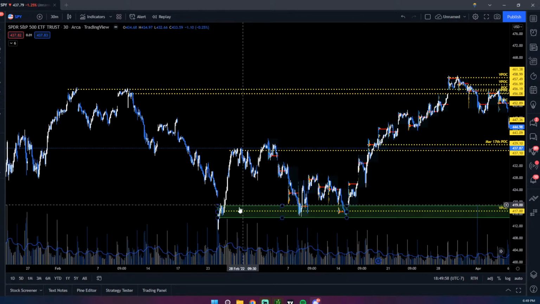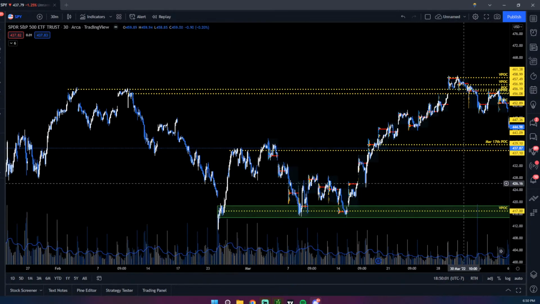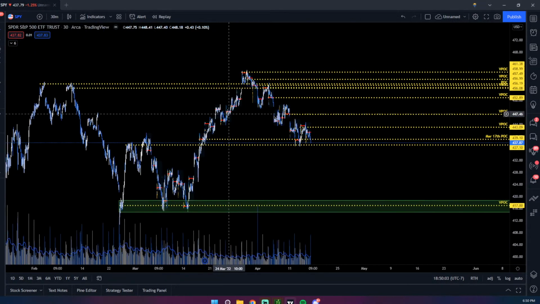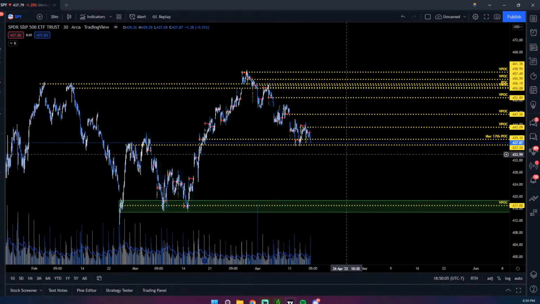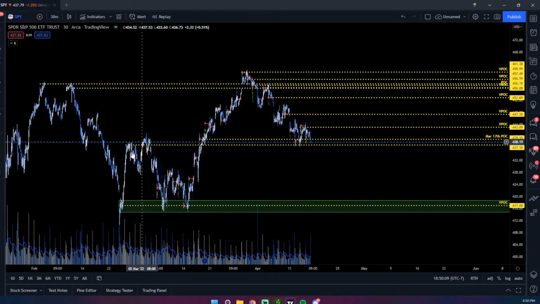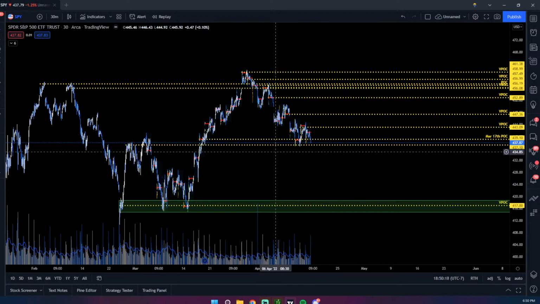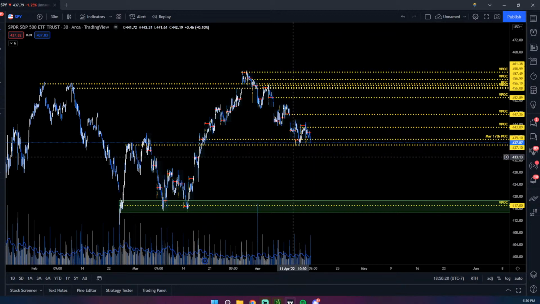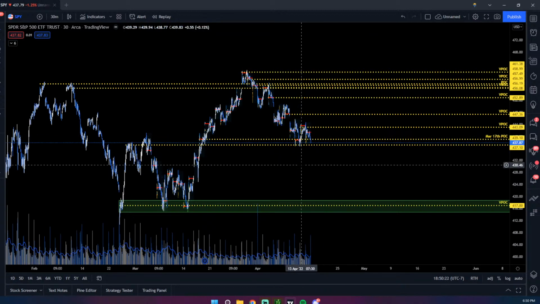So I draw mine in manually, like you see on this chart, because I don't want them to stop extending once they get touched by the price, because these ones will still be respected after they get touched. It's just not quite as strong as a virgin POC.